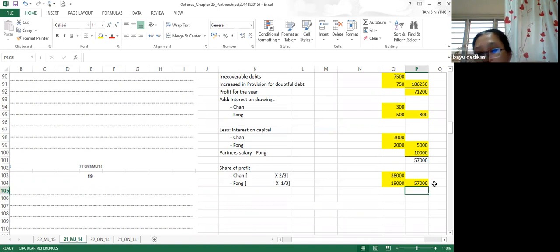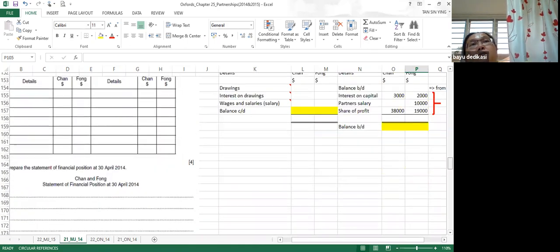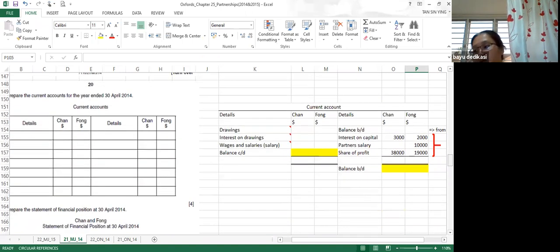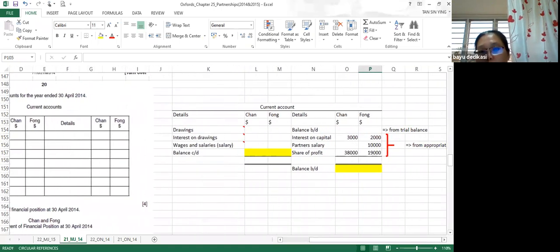Okay, now move on to your current account. What is your balance brought down? Because this amount, just now I linked it to the appropriation account, so the amount will automatically appear after you put it in. So what is your balance brought down?